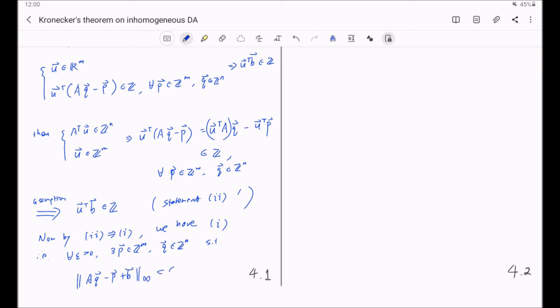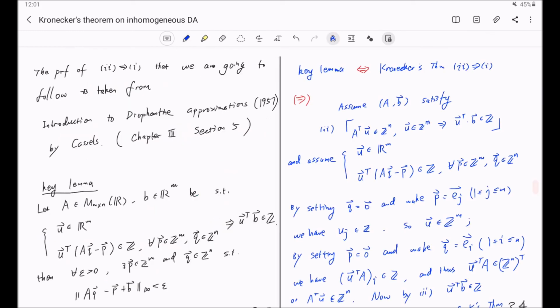And this finishes the proof of the equivalence between this key lemma and the Kronecker theorem, the direction from 2 to 1.